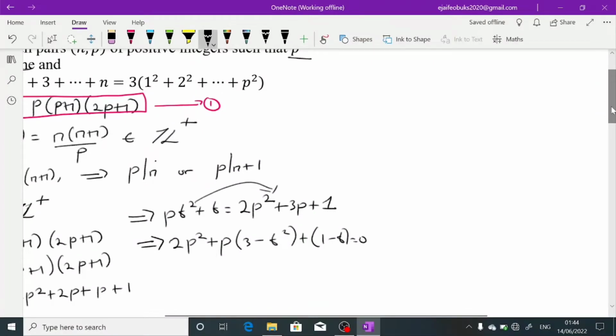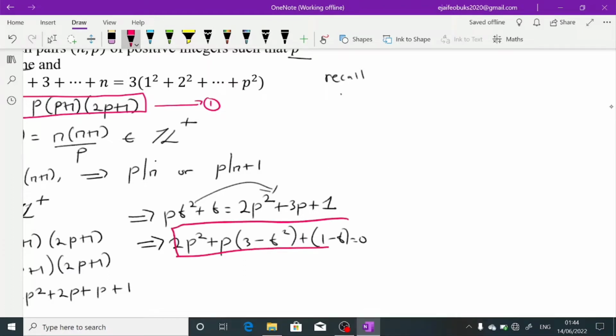Now, we know the discriminant. Let's recall something. First of all, this is a quadratic equation in p.